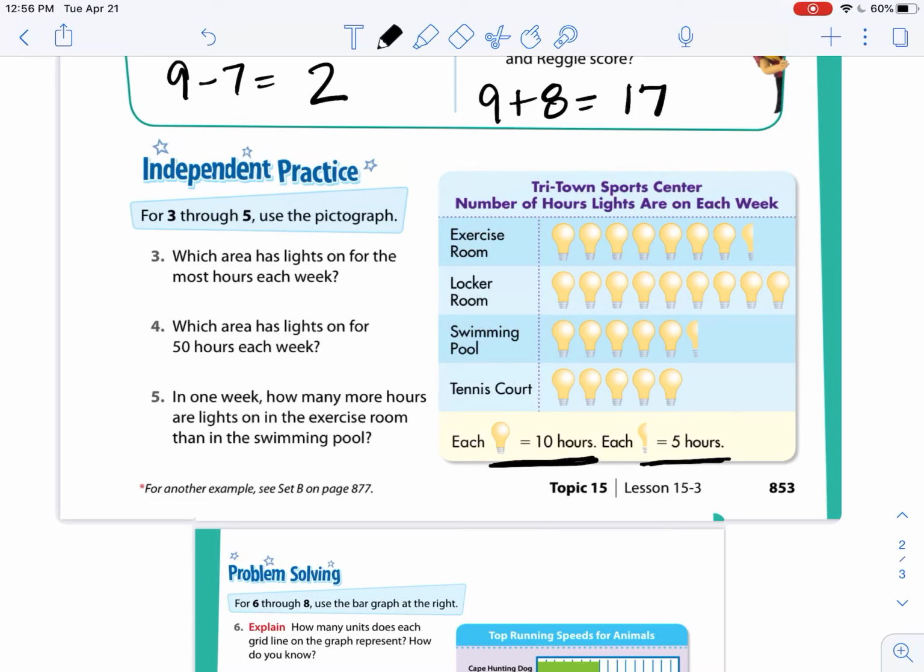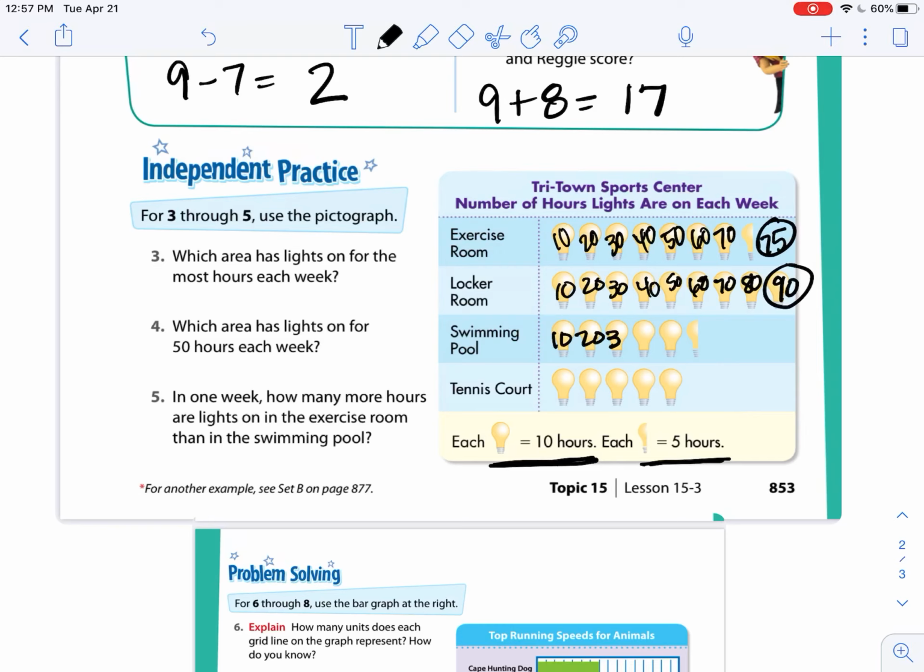We'll count by tens. 10, 20, 30, 40, 50, 60, 70, and then that would be 75. 10, 20, 30, 40, 50, 60, 70, 80, 90. 10, 20, 30, 40, 50, and 5 more would be 55. 10, 20, 30, 40, 50. So this would be 50. Okay, so now I can answer questions easily.